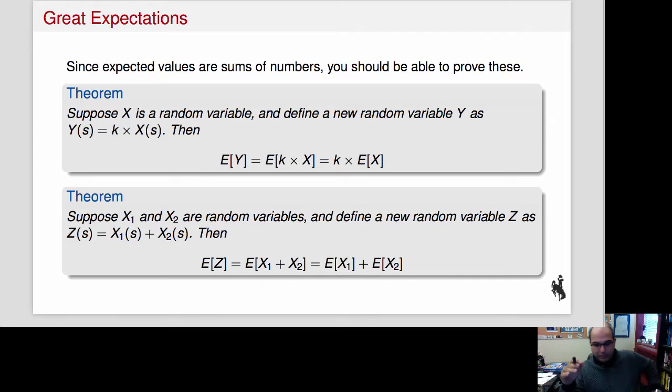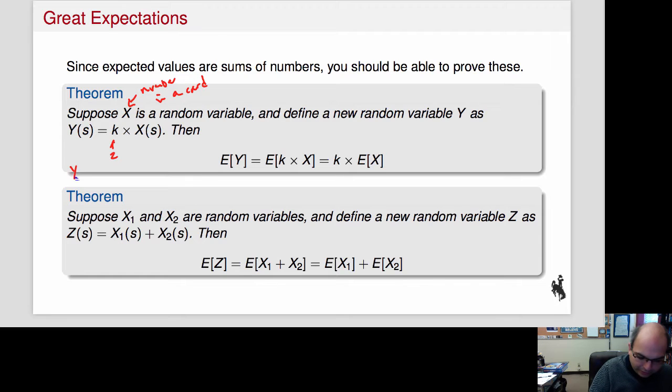Here are some other things that you should be able to prove. By the way, the proofs are straightforward simply because what we're doing is adding numbers. Here's one. If x is a random variable, let's define a new random variable by y of s equal to k times x of s. For example, let's say that x of s is the number on a card from a deck of cards, and k is 2.